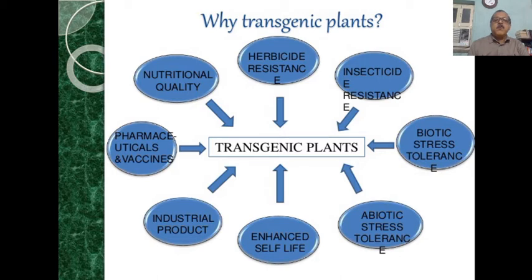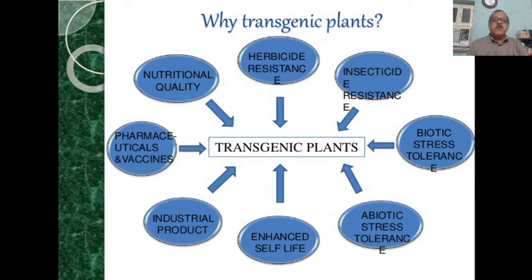Therefore, transgenic plants will in a long way be useful for maintaining the ample supply of food grains and other nutritionally important crops. Let us see why transgenic plant is so important.